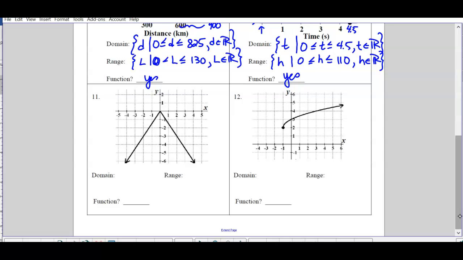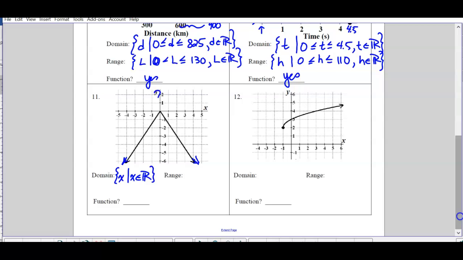Next one here. This is actually an absolute value function. You'll talk more about this in Math 20. But the domain arrows, if you take a look, they're going down and to the left, down and to the right. If they're going left and right, it's going to be all real numbers. And x is our variable, so x is a set of real numbers.